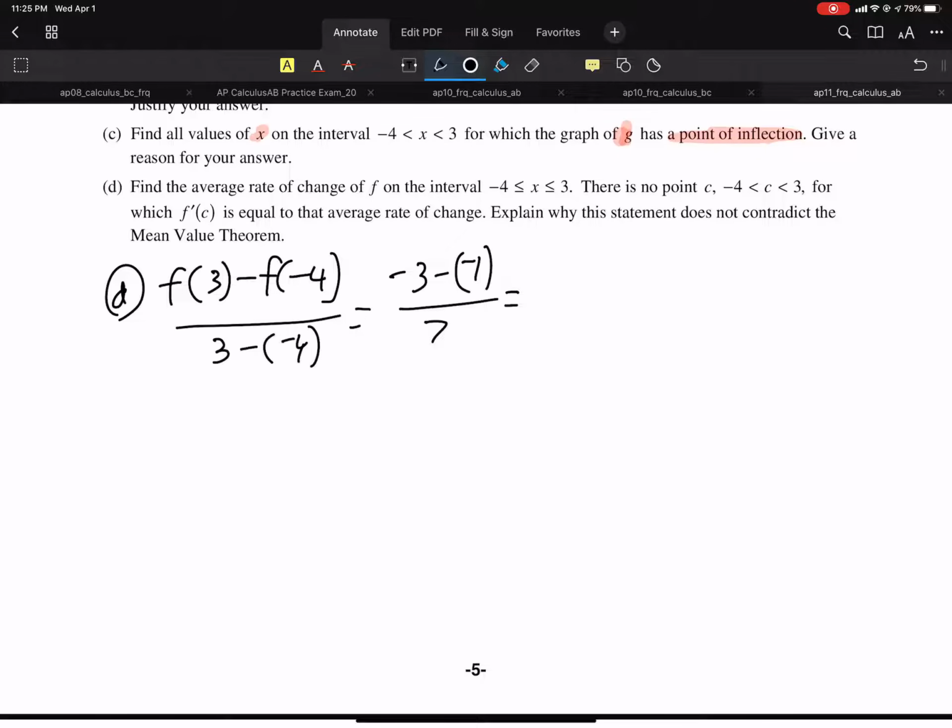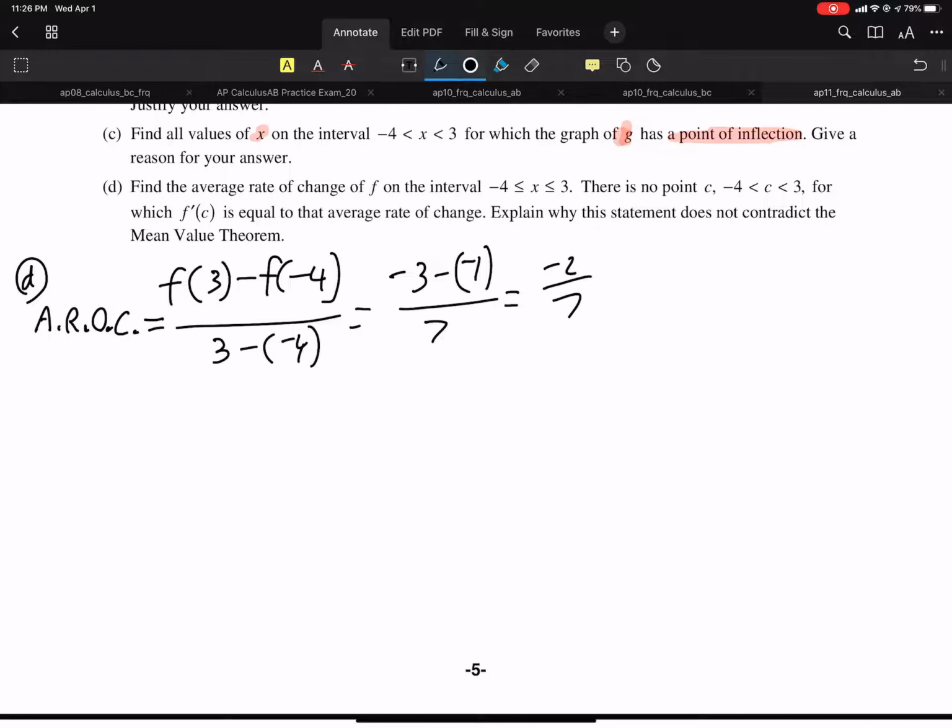So it's going to be -2/7. So that's the average rate of change. You may want to label this better. So the average rate of change is that.